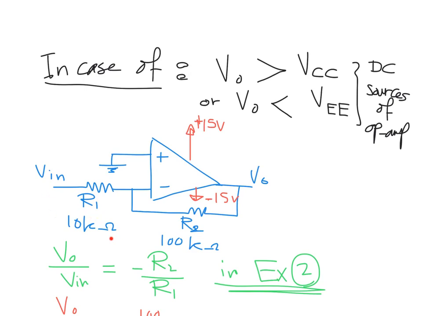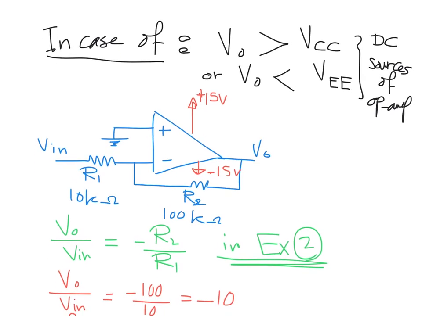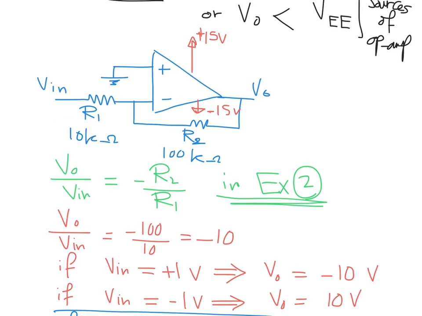We have some values given for the resistances: R1 is 10K, R2 equals 100K, and VCC and VEE are given as plus and minus 15 volt. From example 2, we got the voltage gain of this operational amplifier, VO over Vn, equal to minus R2 over R1. If we substitute with the values in our example, it will be minus 100 over 10, which gives minus 10.